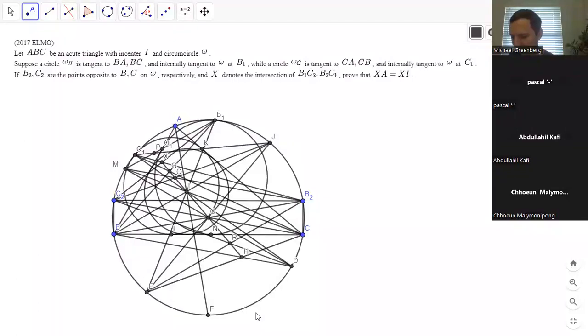I'm getting so close. So I can show H, O, R, I, and Q are collinear, and I can show P, Q, and X are collinear. And P, G, and I are collinear. And X, O, and G.